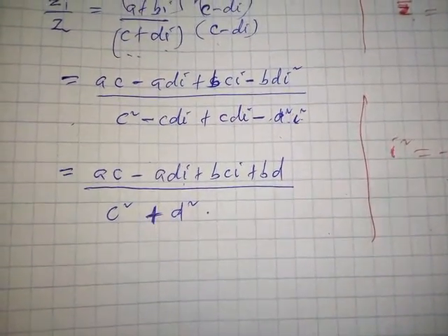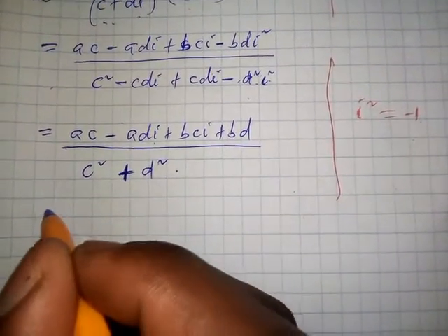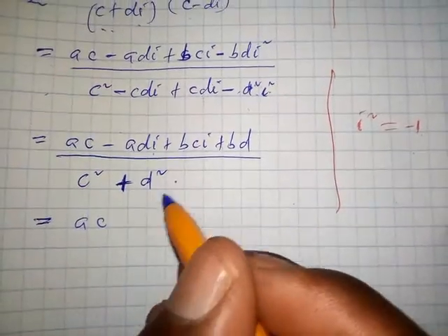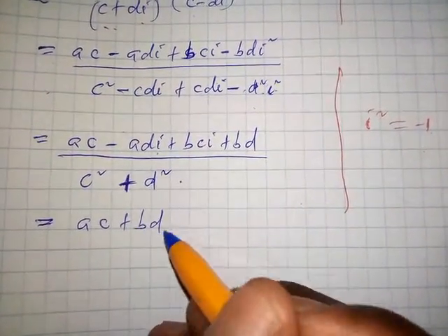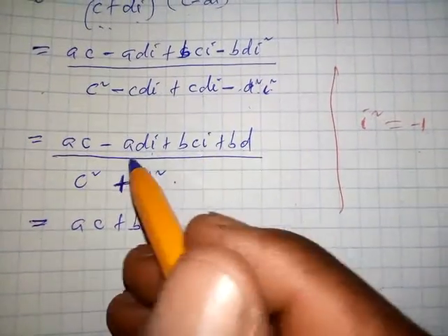Okay. So at that point, the next step is to collect like terms. In the numerator, you have ac plus bd. These are the real parts because they don't have this i.